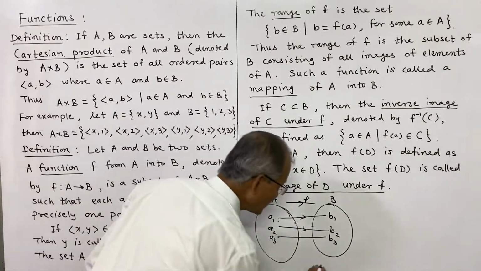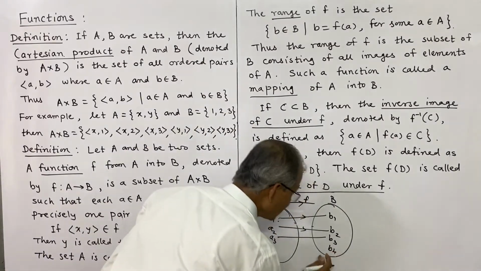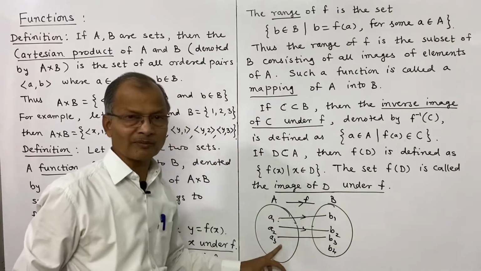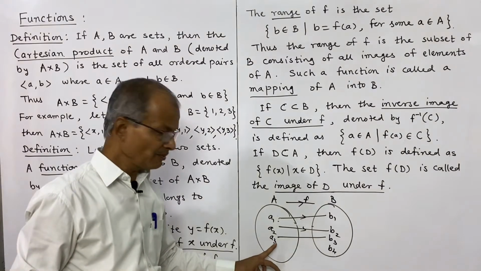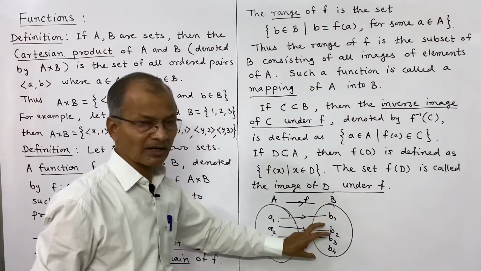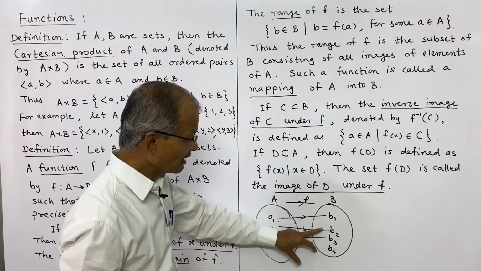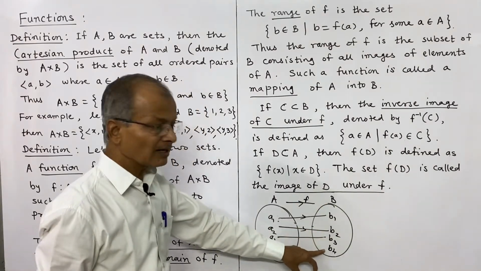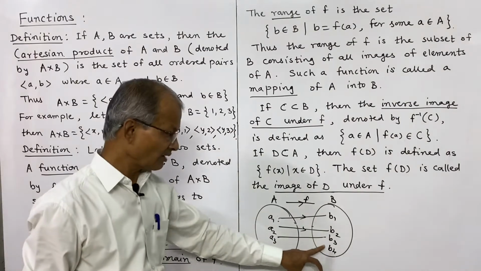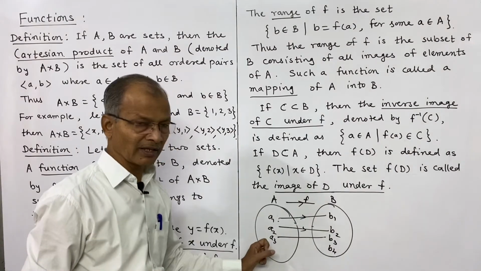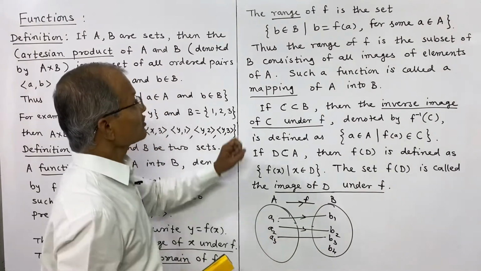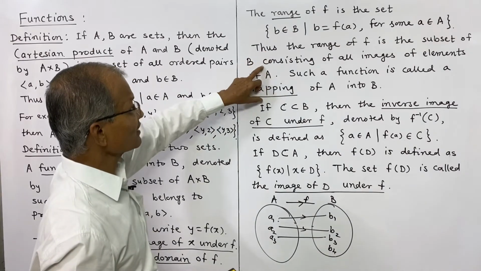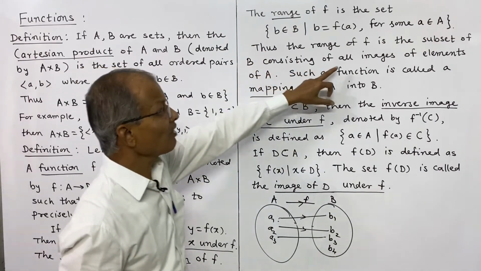If there is an element b4 but it has no inverse image, or pre-image, here, then that will not be in the range. So this range here is exactly b1, b2, b3, which is a subset of B. B may contain more elements which are not related to any element from A. Thus the range of f is the subset of B consisting of all images.